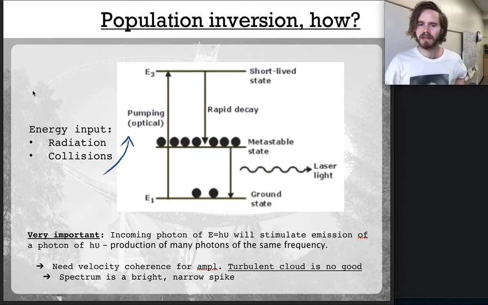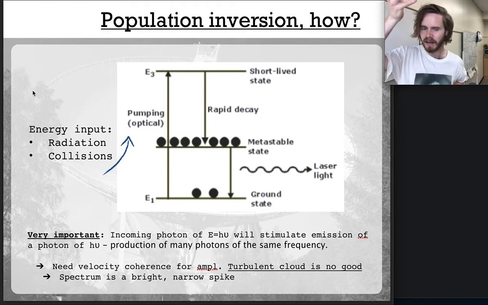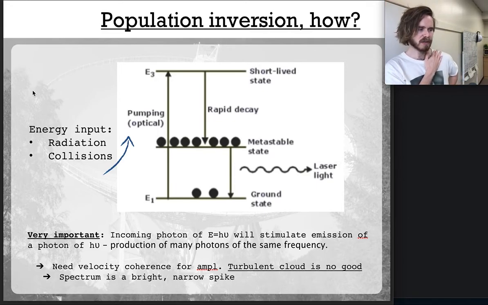So let's say you have this 3 energy level system, and you have some input energy, which is taking molecules from the lower level and pushing them up to the higher level. And I think you probably would have studied in some contexts this idea of the Einstein coefficients. These are ways of calculating the decay timescales of molecules in energy levels.